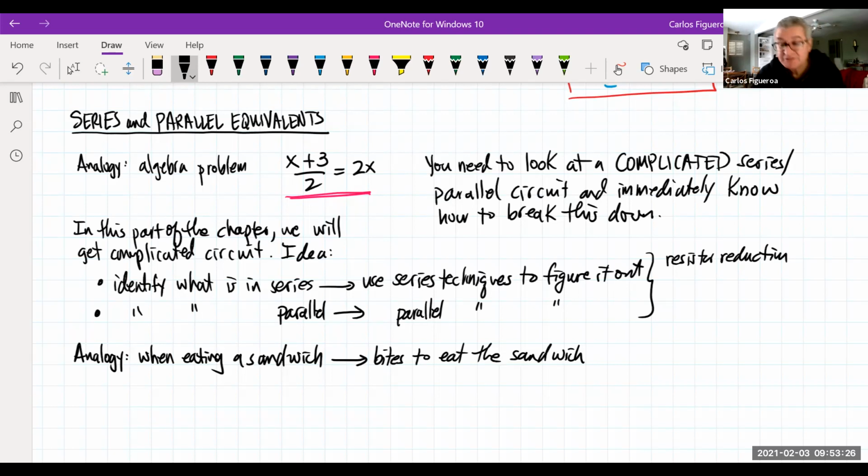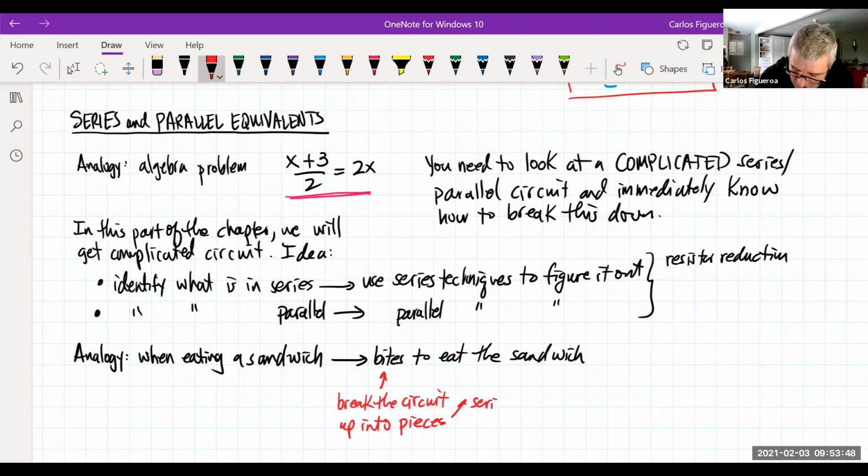So the same thing happens here. In circuits, what we do is that we break it down into pieces. So when I say bites here, you're going to break the circuit up into pieces. What kind of pieces? Series. What other kind of pieces? Parallel. So you break it piece by piece until you can get the current or voltage of the place that you want to calculate here.